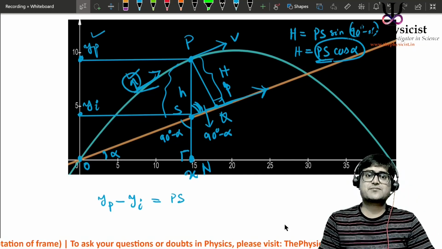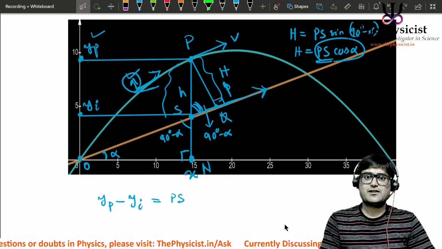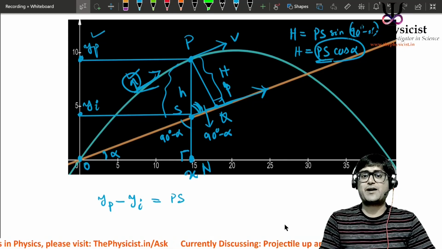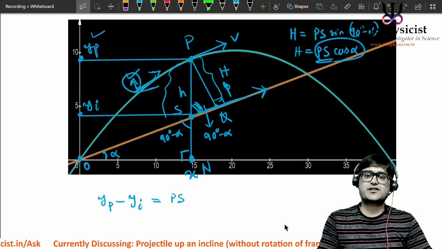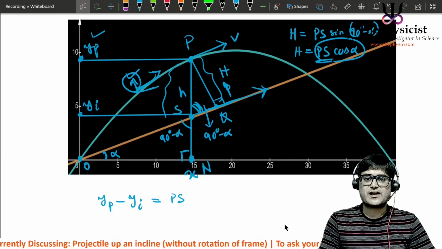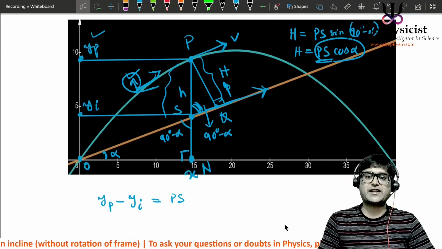Only when this component becomes zero, which happens at P, is the projectile no more going to rise further with respect to the incline. So the velocity at P has to be totally parallel to the incline.